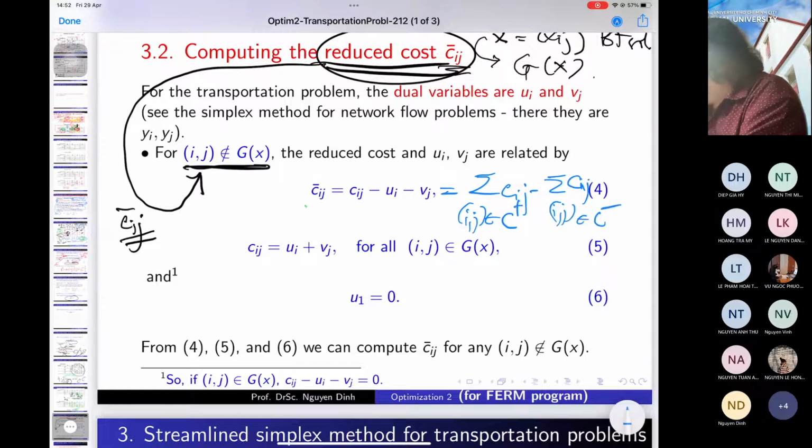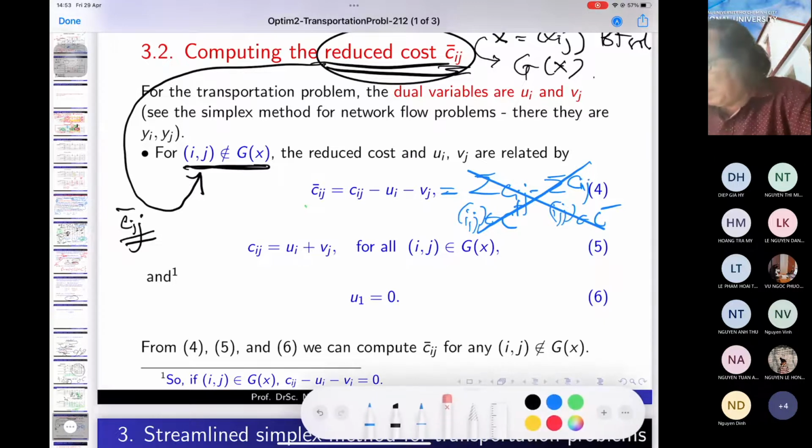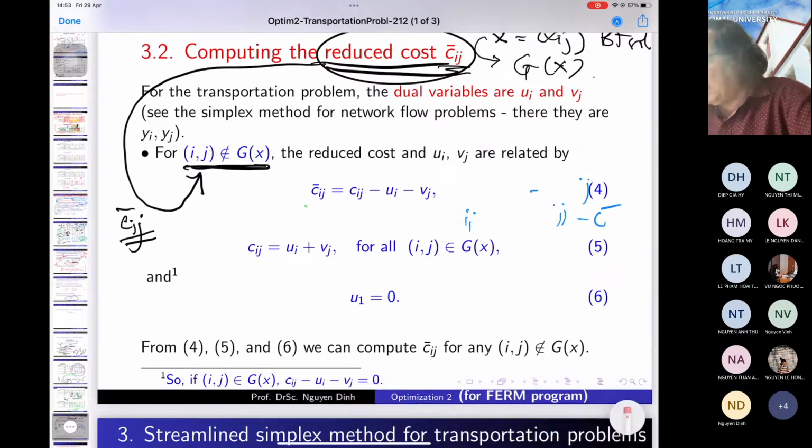Is that okay? But I tell you, we do not do this, because the computer does not know what C plus and C minus are, so we forget this. We cannot use this anymore.